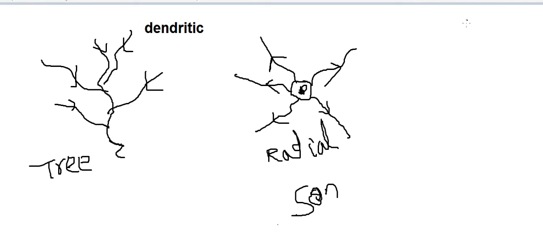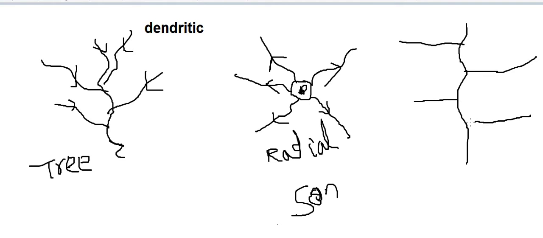Now third is trellis. What is trellis? When the primary tributaries of rivers flow parallel to each other and secondary tributaries join at right angles. So suppose this is 90 degrees.